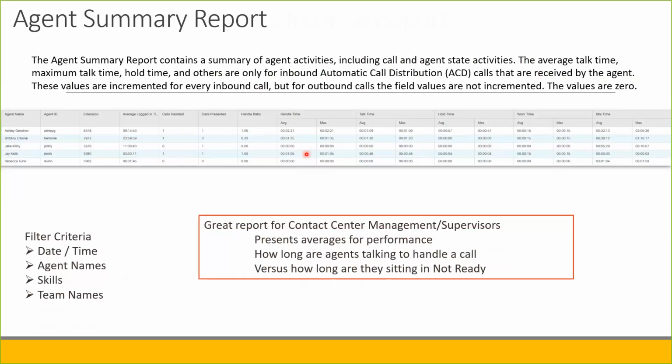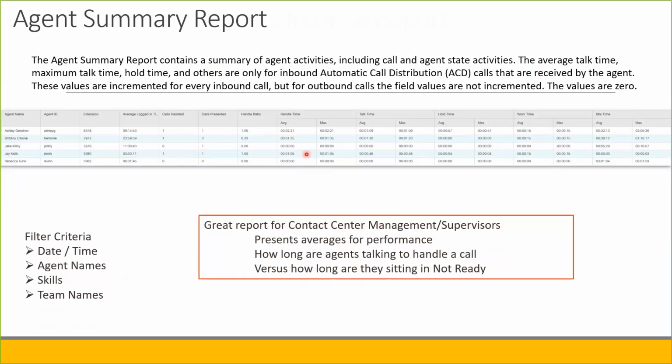How successful are they at taking the calls we've presented to them, and how are they performing with the calls we've handed them? And again, you can look at this by the agent individually, or by the team. So this is really a great report for how they are performing with what we're giving them.